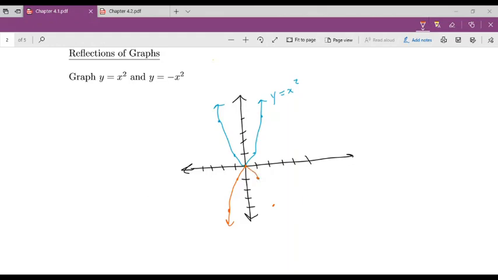Best I could get it at least. Alright, so what you can see is essentially what this negative does out front is it causes the graph to reflect over the x-axis here. Okay, so these are just reflections over the x-axis.